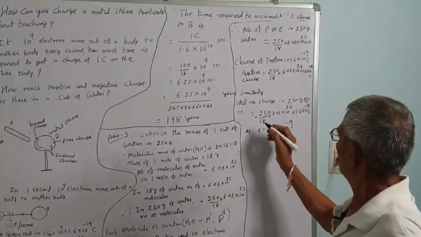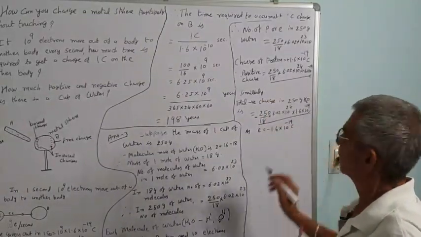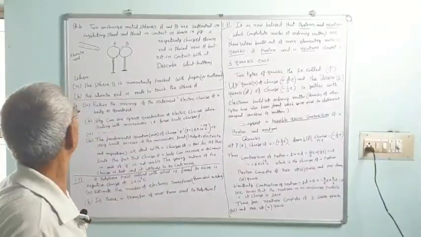The total positive charge is this much and the total negative charge is this many coulombs.